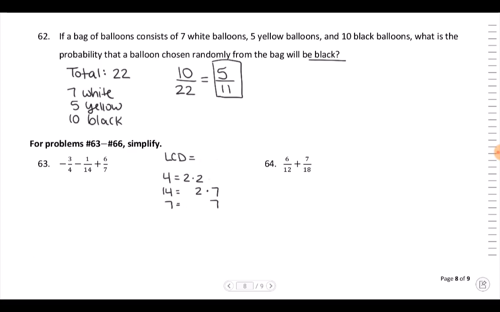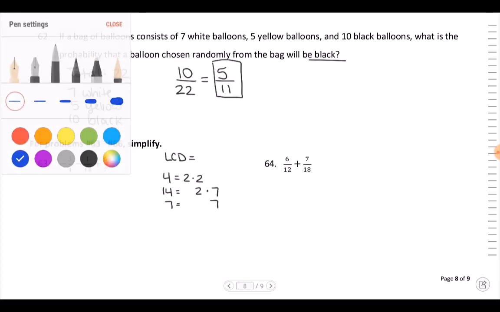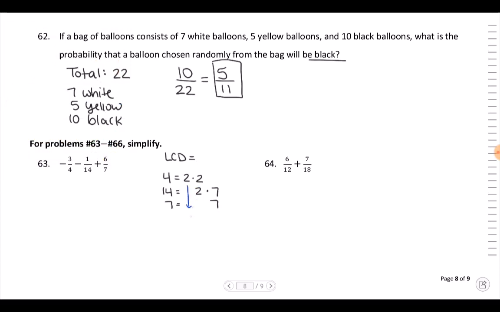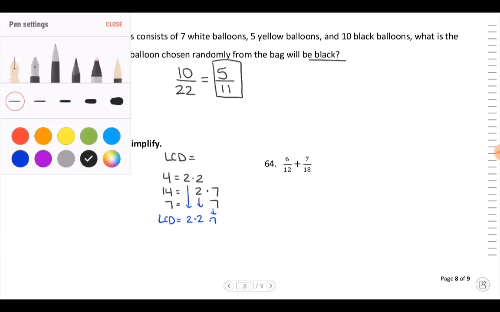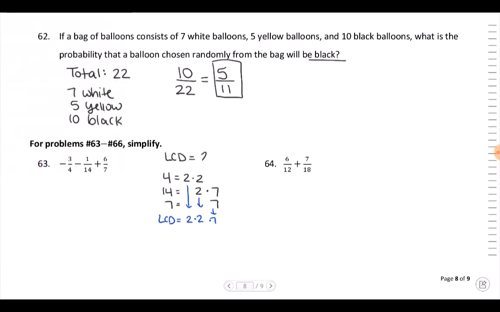You line them up like this, take down your 2, your 2, and then your 7, and when you multiply all those together, that's the LCD. So 2 times 2 is 4, times 7 is 28. So your LCD is 28.